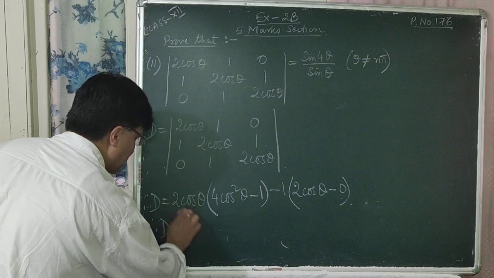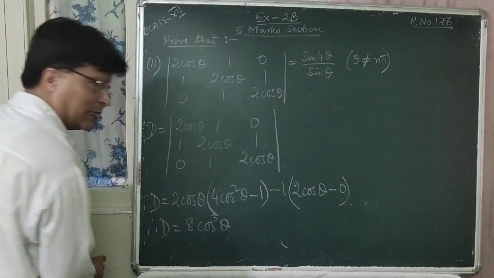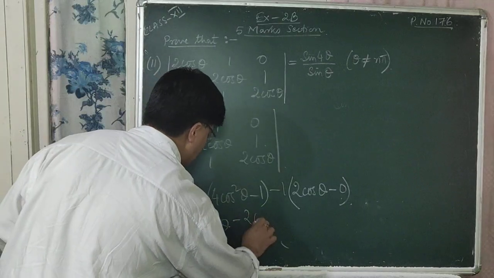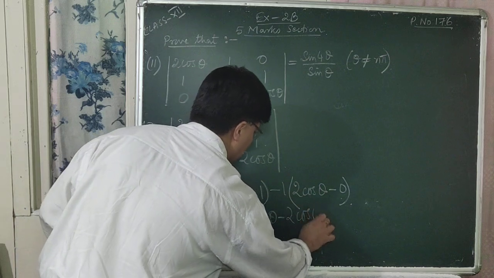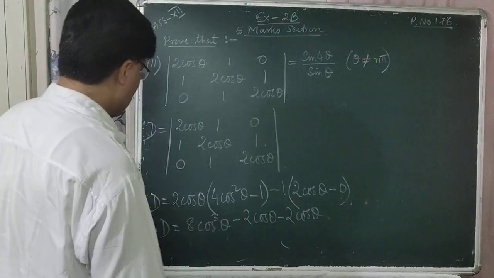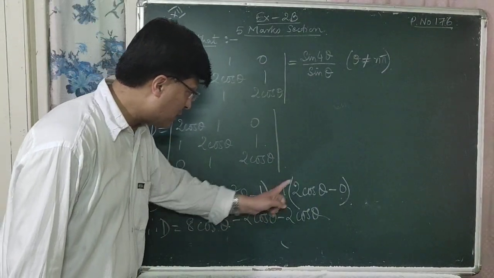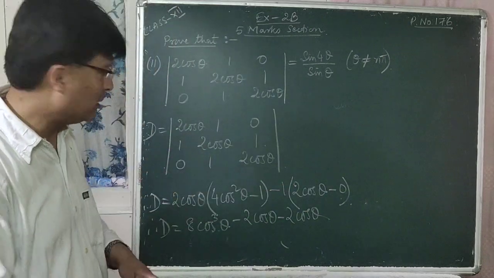Let us simplify it. 4 2s are 8 cos cube theta, right? 2 4s are 8 cos cube theta. Then minus 2 cos theta minus 2 cos theta. Is it clear? So it is 4 2s are 8 cos cube theta minus 2 cos theta minus 2 cos theta, then minus 0 minus plus 1 0s are 0. You don't have to write it, okay?